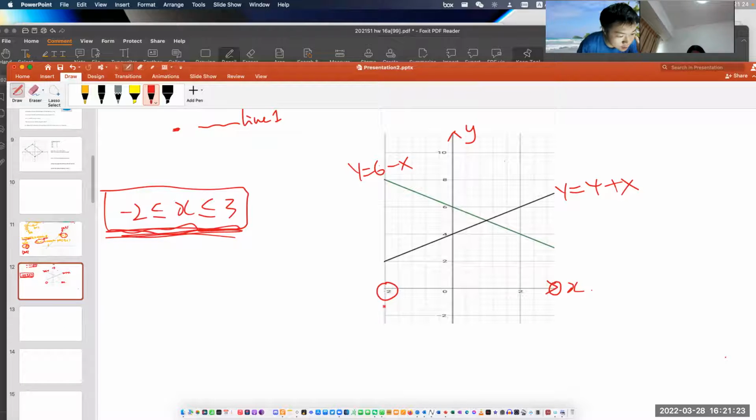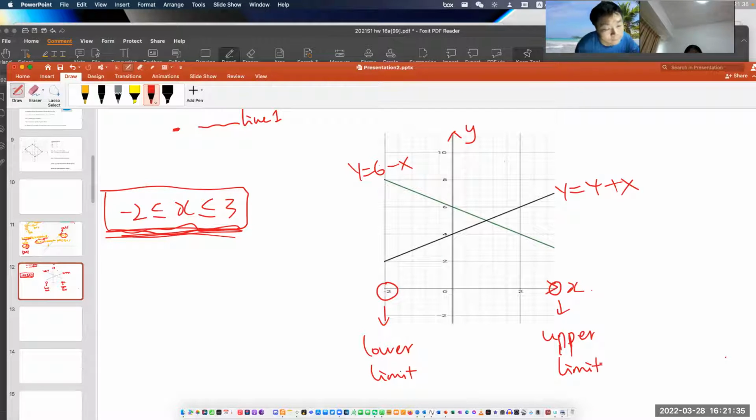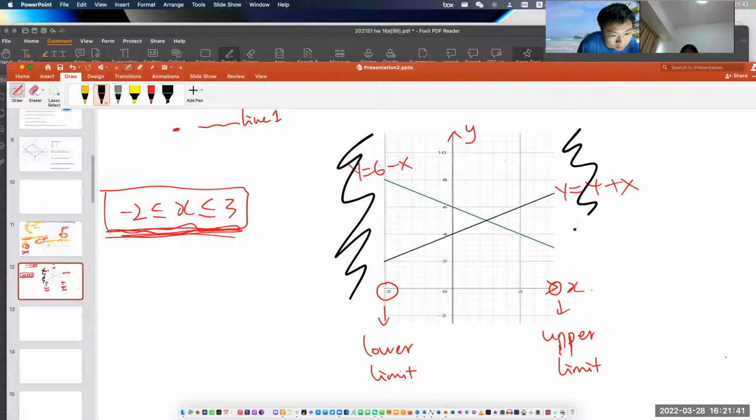This is called the lower limit, and this is called the upper limit for x value. You cannot go out of this limit, so you will not see anything beyond. There is nothing beyond the lower limit, and there is nothing beyond the upper limit.